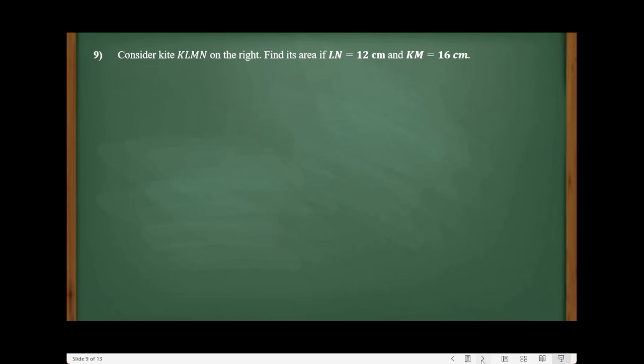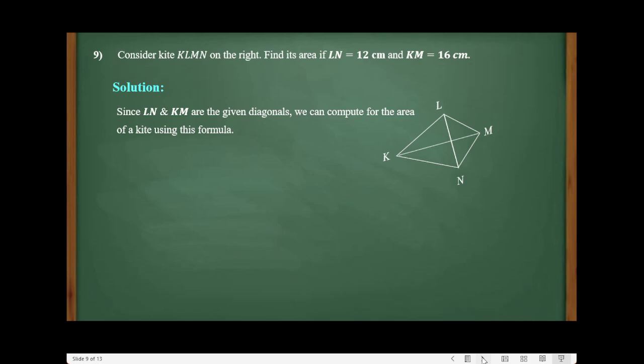So how do we compute for the area of a kite? For our solution, let us draw a kite and let us assume that this is quadrilateral KLMN. So segment LN and segment KM are the given diagonals. We can compute for the area of a kite using this formula, which is half of the product of the diagonals.